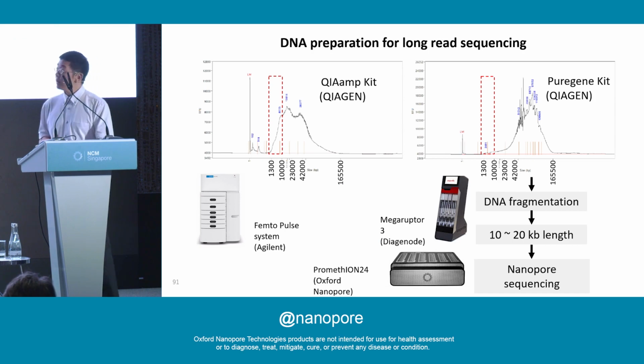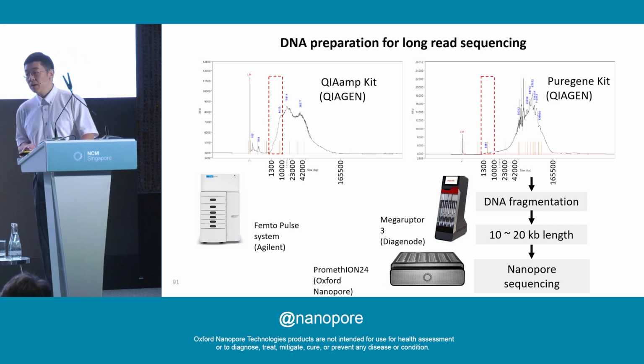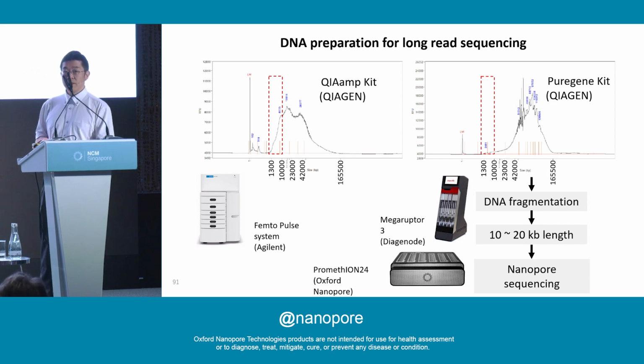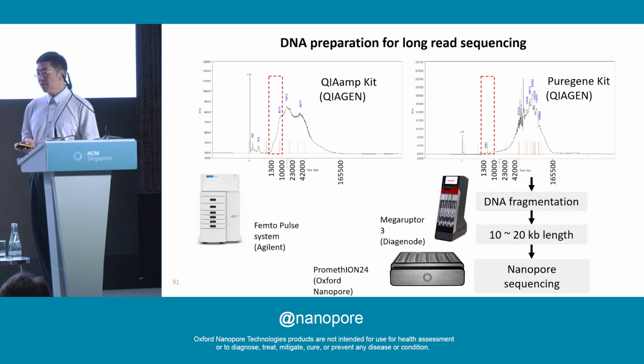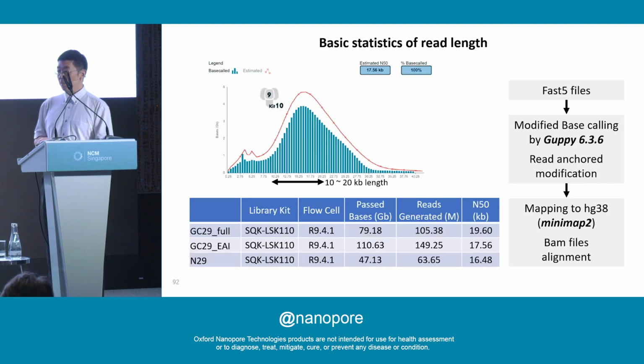We prepared long genomic DNA using the Puregene kit by QIAGEN, and fragmented the long genomic DNA up to 10 to 20 kb in length, and sequenced it on the P24.